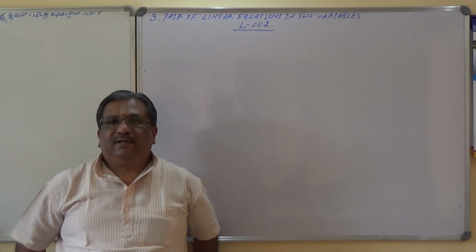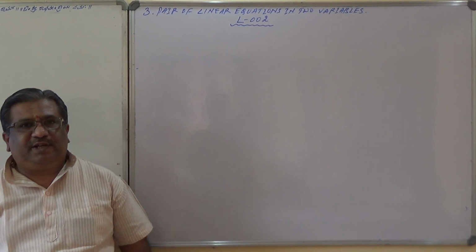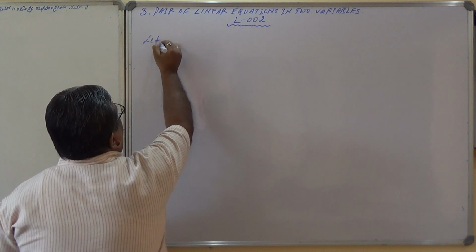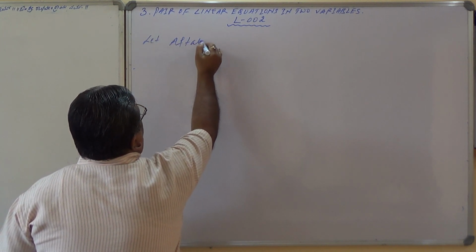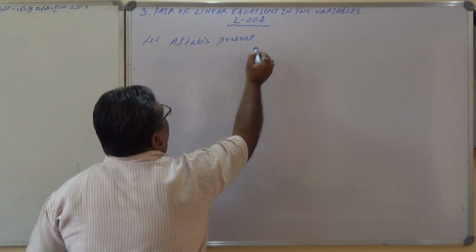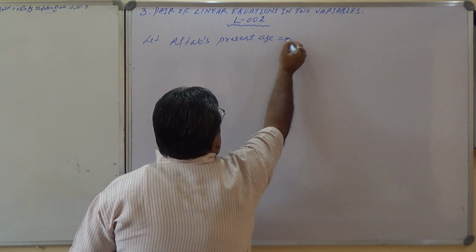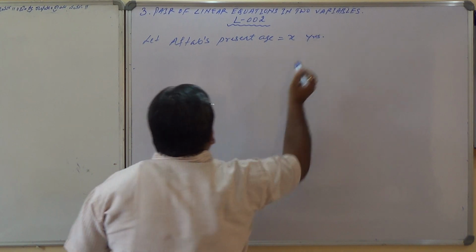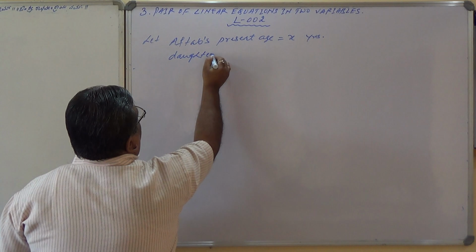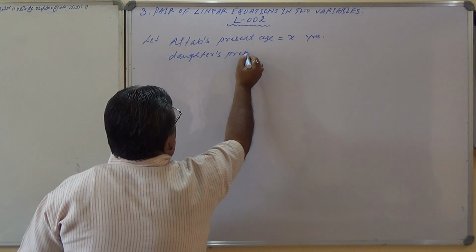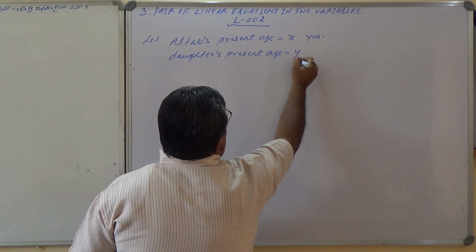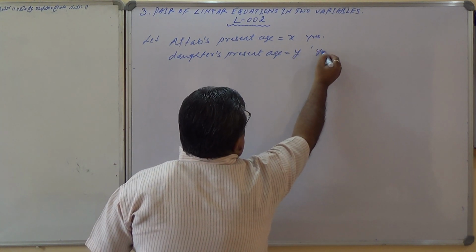Here I have to consider Aftab's age and his daughter's age to be the variables. So let Aftab's present age be x years, and daughter's present age be y years.